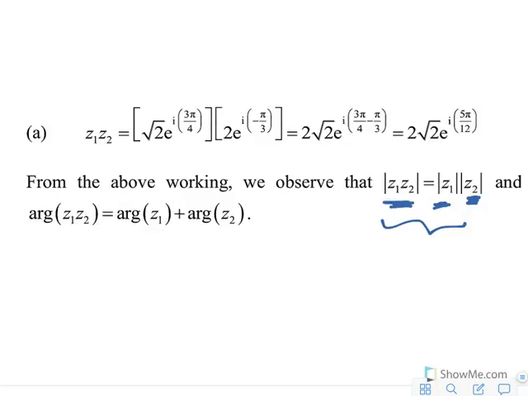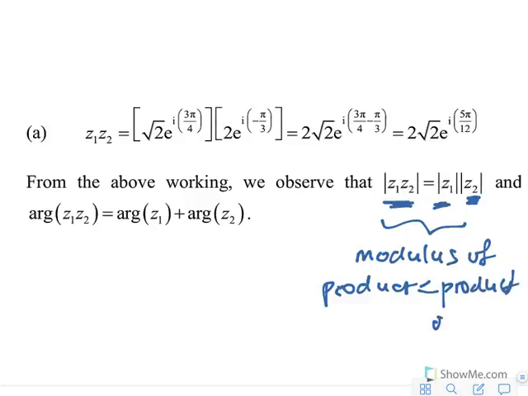I say again, the modulus of a product is equal to the product of the moduli. And here, the argument of a product.